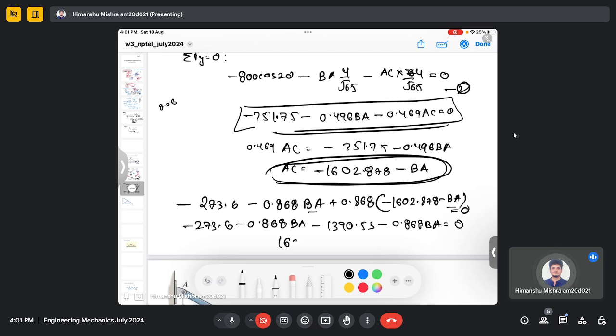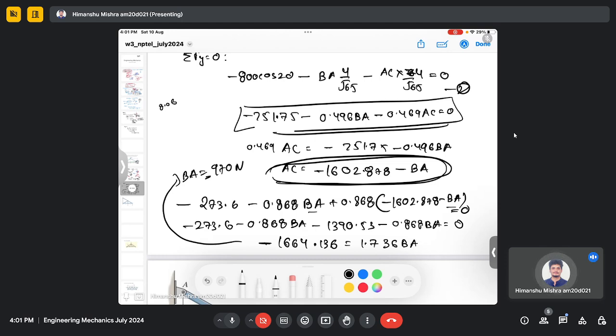It is 1664.136 equal to 1.736 BA. Solving this, we will get BA as some 970 Newton in negative.